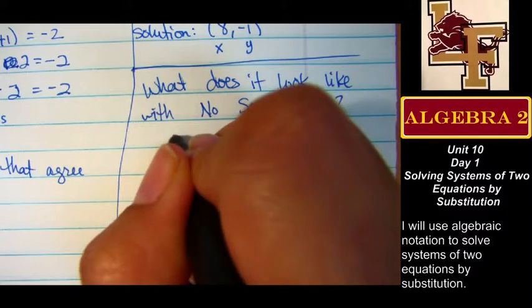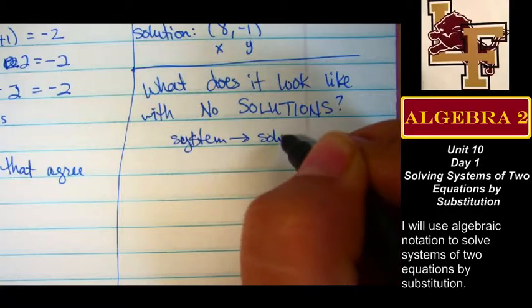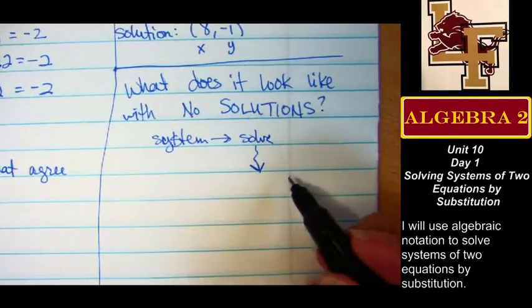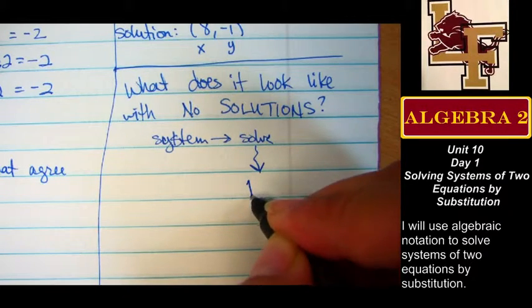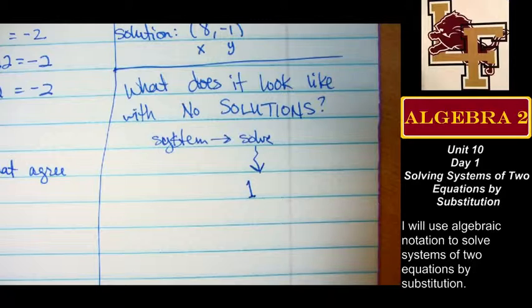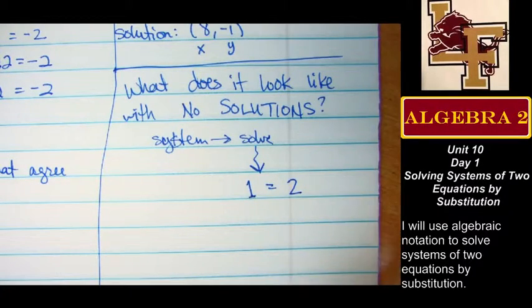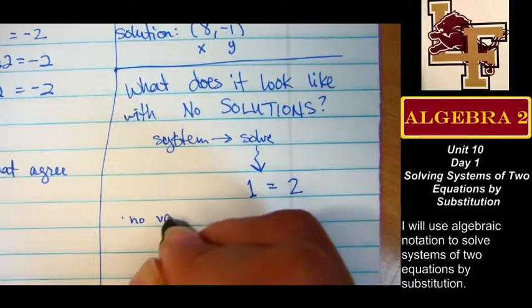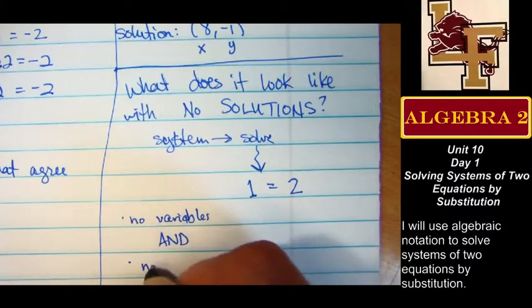Okay, so we have some sort of system sitting here and we've done our solve and we're solving down for a variable. What you're going to end up with is some number, I'm going to write 1, but really it can be any number, equals some other number that's different than what you had on the left side of the equal sign. No solution. So what it's going to look like is no variables and numbers that disagree.